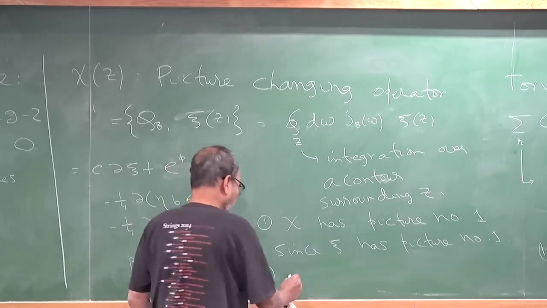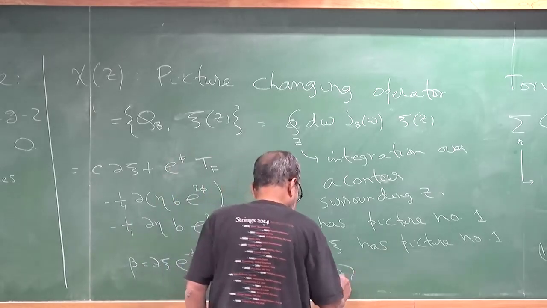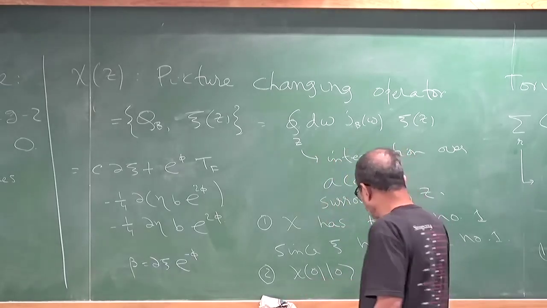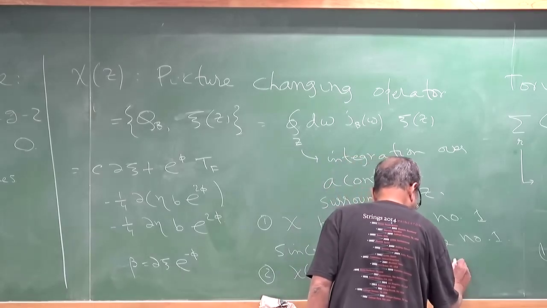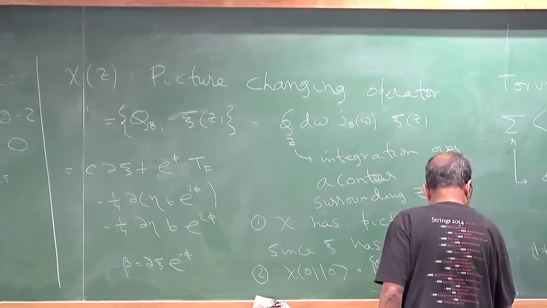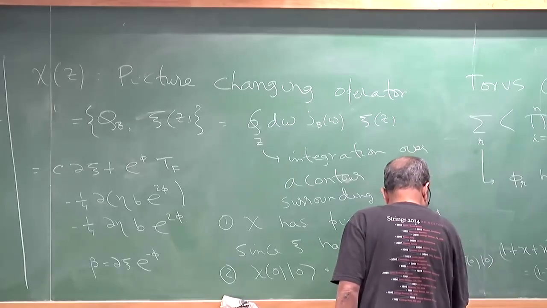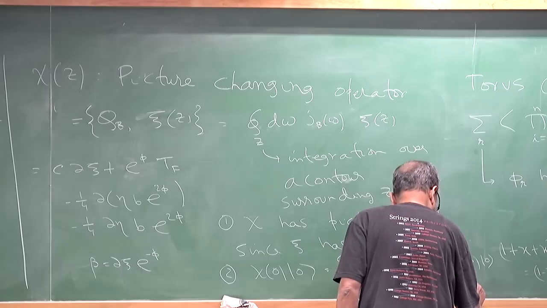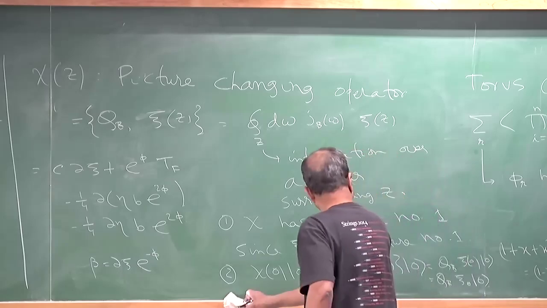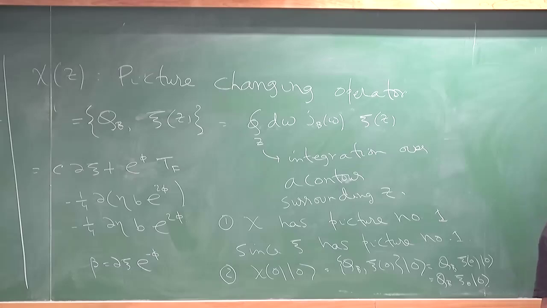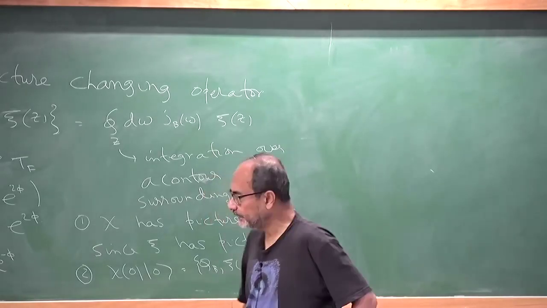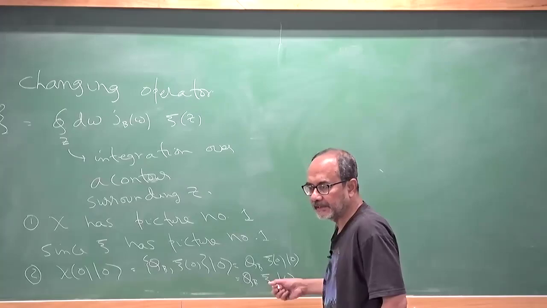Because you see, χ_0 acting on the vacuum, this is the state corresponding to the operator χ, so this will be Q_B with ξ_0, a zero mode, acting on the vacuum. Is this clear?